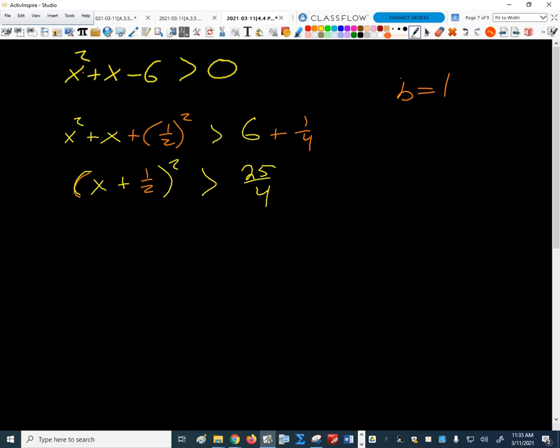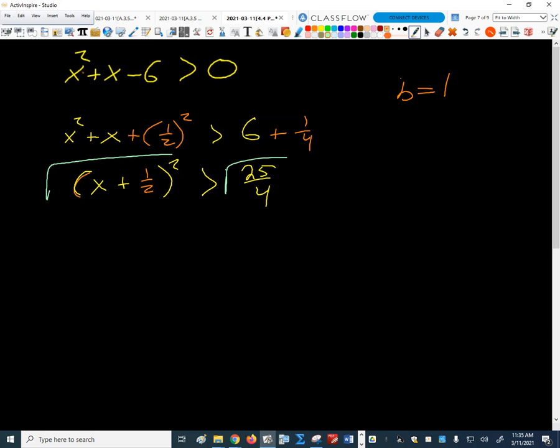Okay, so if I were to square root both sides of this, what's that give me?